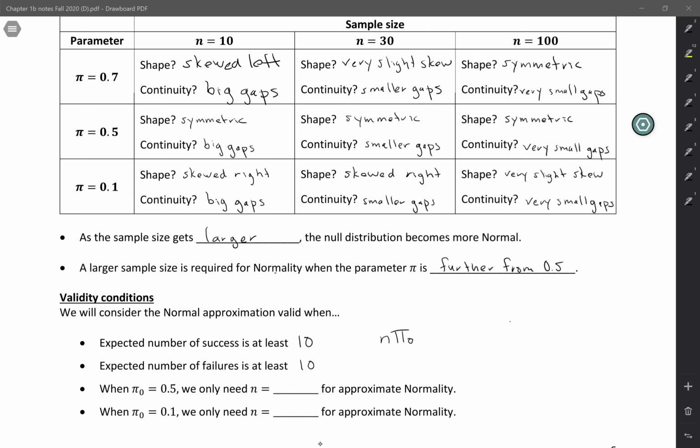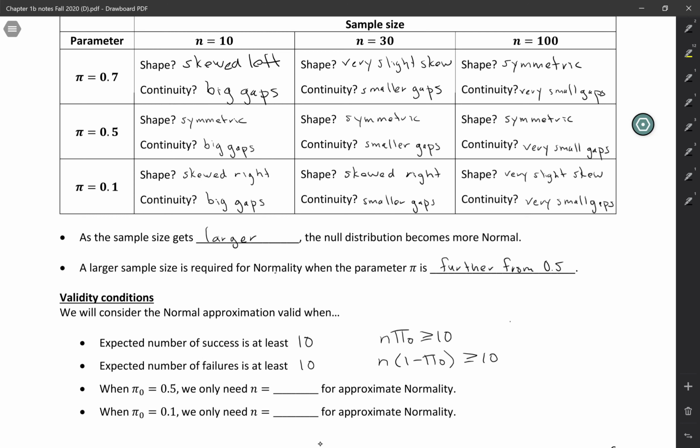So we need the sample size times the parameter value to be at least 10. For the expected number of failures, we do the sample size and then 1 minus the parameter in the null hypothesis. If that's the probability of success, 1 minus pi gives us the probability of failure. So this also needs to be at least 10.